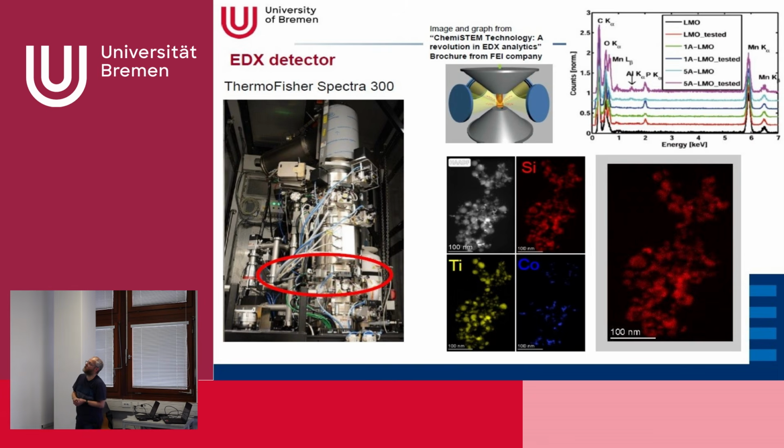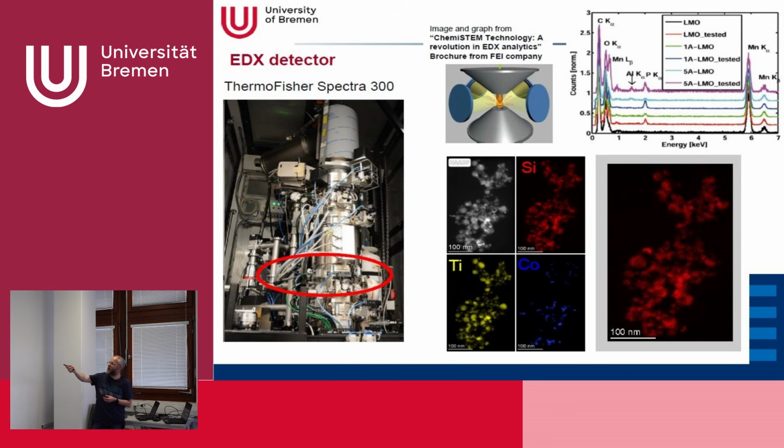In modern electron microscopes, they have sophisticated detectors. For example, in our case, it consists of 4 different EDX detectors, and they allow us now to measure such a spectrum for every scan point.